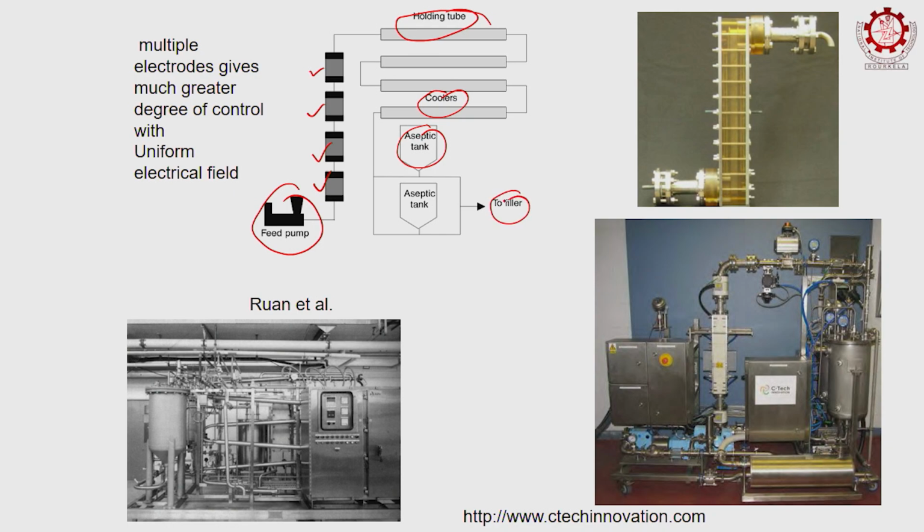You may remember you have seen all these things with aseptic processing. The only thing different here is you are using an Ohmic heater instead of a conventional tubular heater or scraped surface heat exchanger. So, the concept of aseptic processing is adapted here, just replacing the traditional heaters with the Ohmic heater.